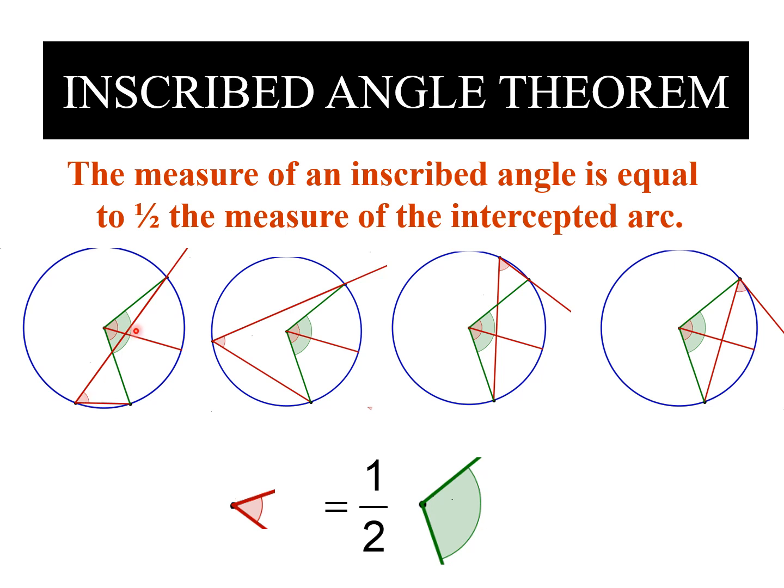This angle is 1/2 this angle. Or because the central angle is equal to the intercepted arc, this is 1/2 of your intercepted arc. And since the central angle is equal to the intercepted arc, your inscribed angle is equal to half of your central angle as well as your intercepted arc, okay?